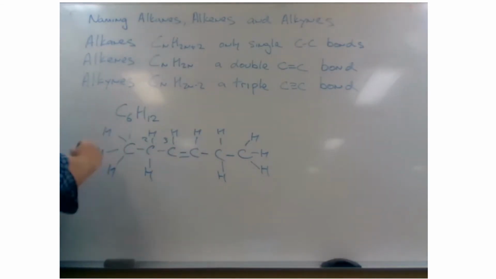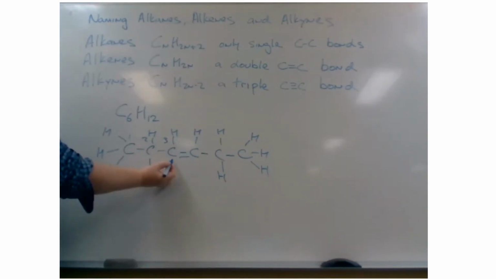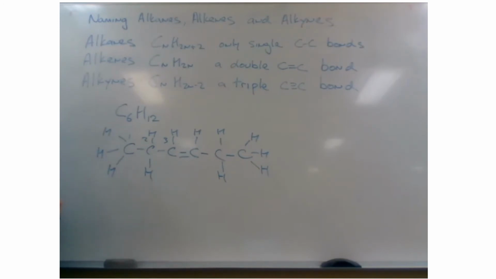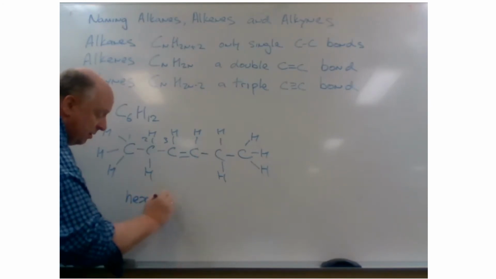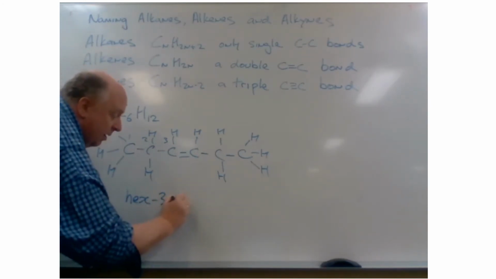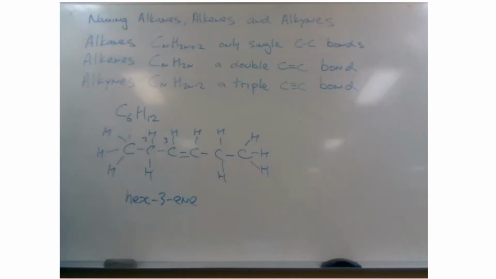It doesn't matter which end of the chain I count from. I still get 3 being the number the double bond starts from. And so the name of this will be hex for 6 carbons, dash 3-ene to tell us it's a double bond: hex-3-ene.